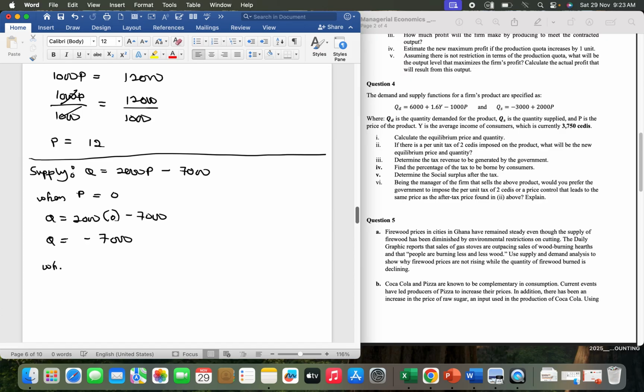Now when q is also equal to 0, so this is 0, this is 2000p minus 7000. You move the 7000 to the left hand side, becoming positive 7000. This is 2000p. Since I'm finding for p, I'll divide both sides by the coefficient of p, which is 2000.